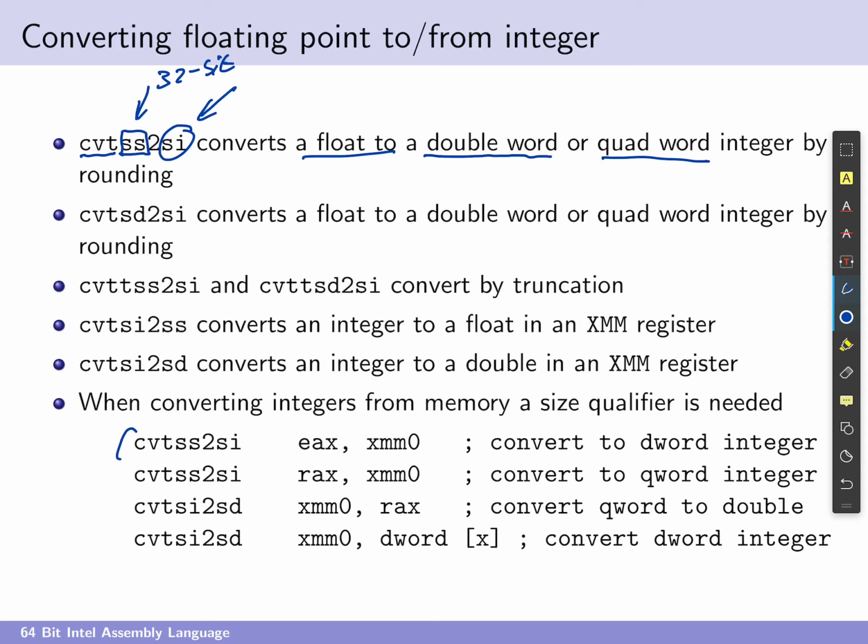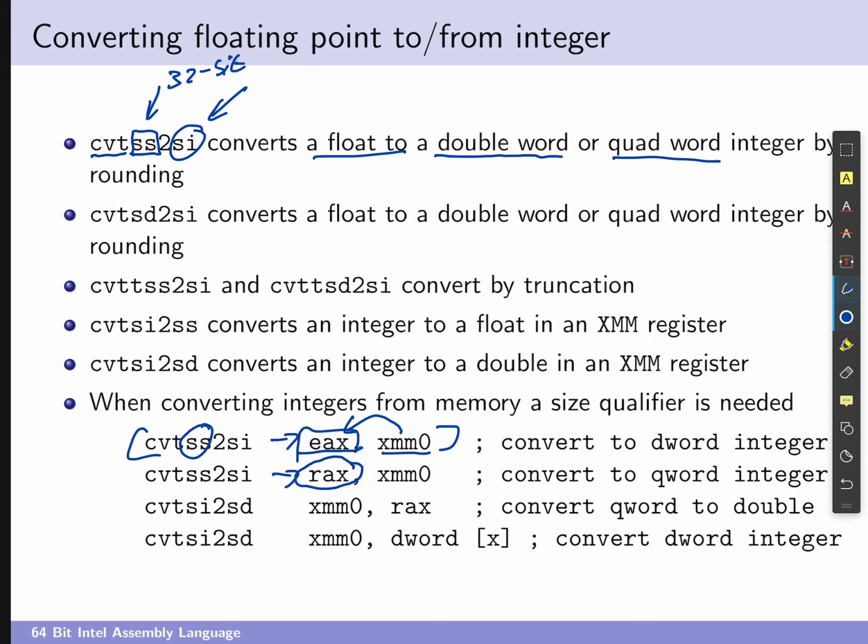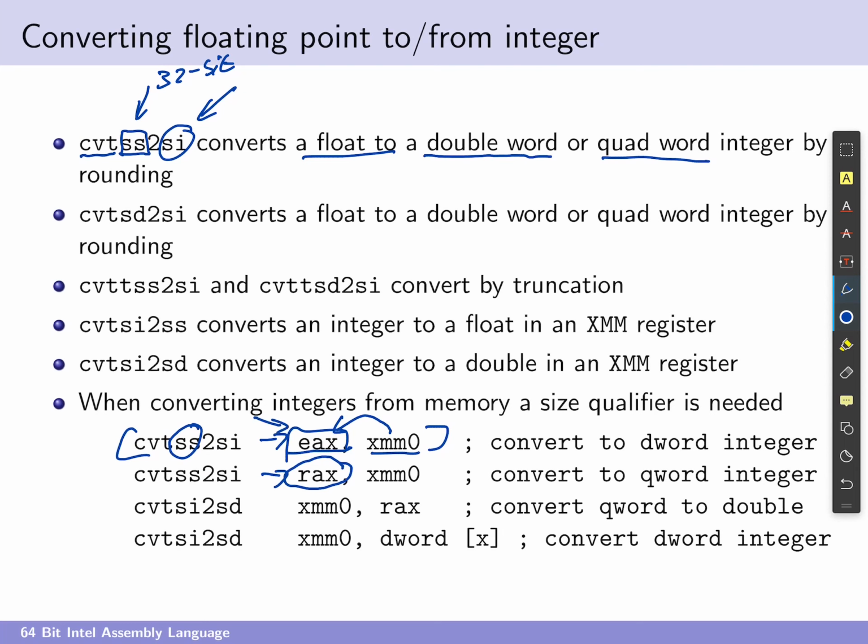So in this case, CVTSS2SI is going to convert a scalar single from XMM0. This is the bottom 32 bits we're working with. And it's going to store the result in a double word because this is a 32-bit register. If I use the exact same instruction and I just turn that EAX into an RAX, it would convert it into a quad word. So again, it's figuring out the size of the integer based on the register. There's a couple of things at play here. We're explicitly saying the size of the floating point number, but we're implicitly indicating the size of the resulting integer based on the register size.